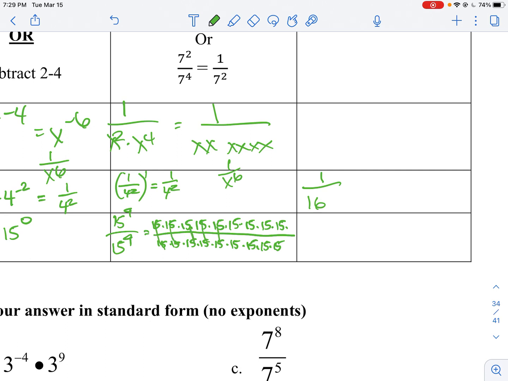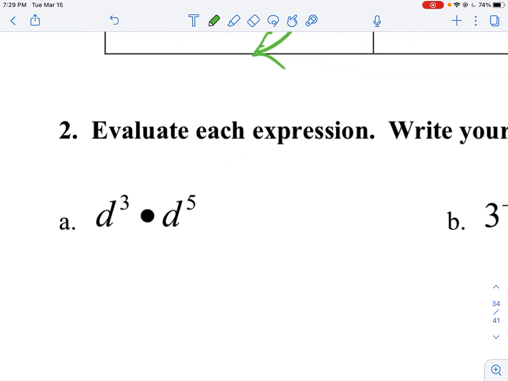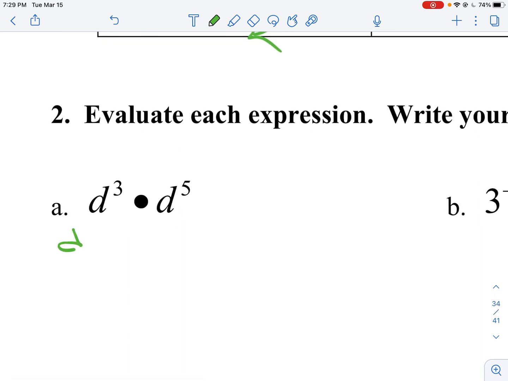And these cross out. All of these are 1s. So that comes out to 1. Standard form, 1.